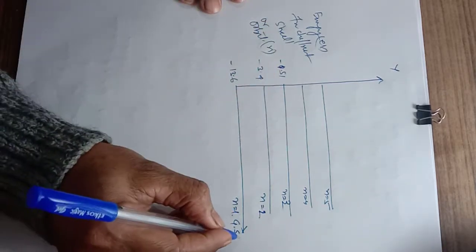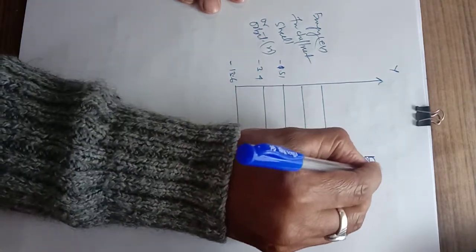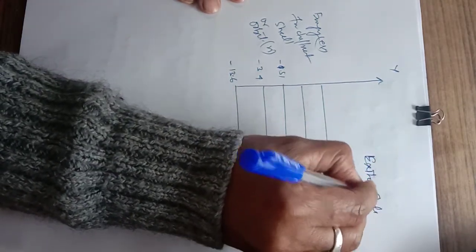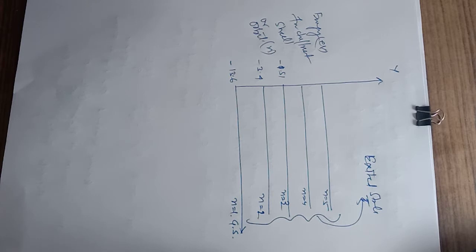So this is the ground state, and these are the excited states. It is 1.51.